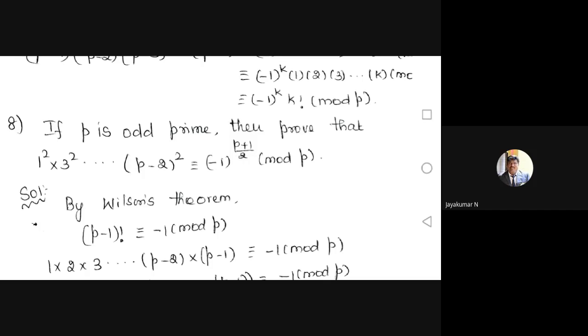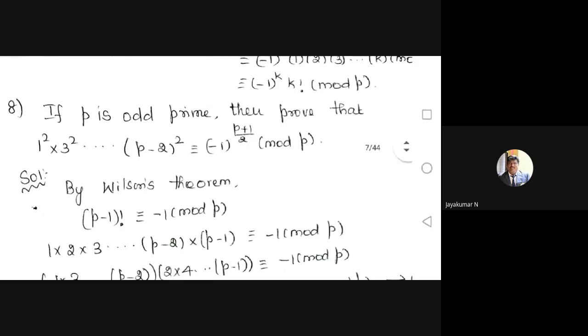Suppose 4 factorial: 4 into 3 into 2 into 1, so 4 integers are contributing. Here, p minus 1 factorial means p minus 1 into p minus 2 into p minus 3 up to 3 into 2 into 1. So totally the product is contributed by p minus 1 integers.